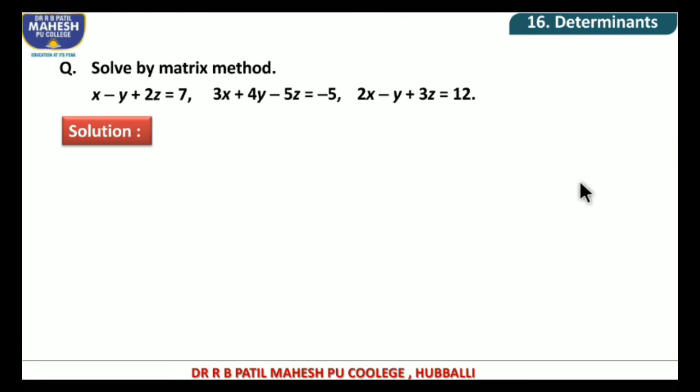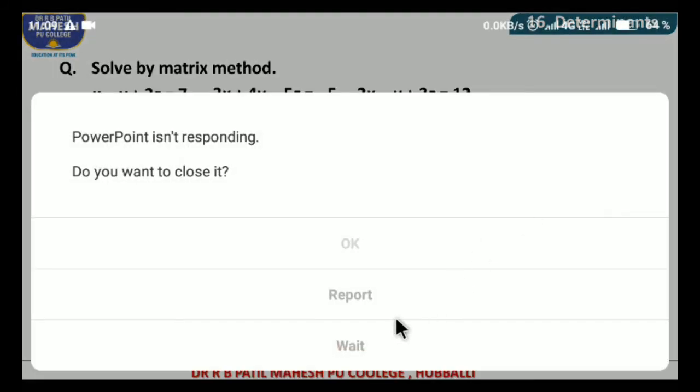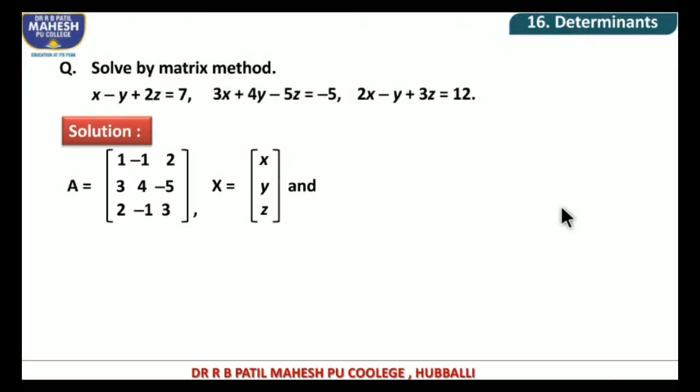Therefore we have AX is equal to B, where A is equal to the matrix 1 minus 1 2, 3 4 minus 5, 2 minus 1 3, and the matrix X, that is column matrix, is equal to XYZ, and the matrix B contains the elements 7 minus 5 12.